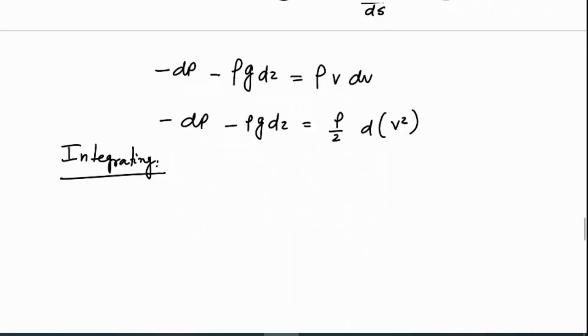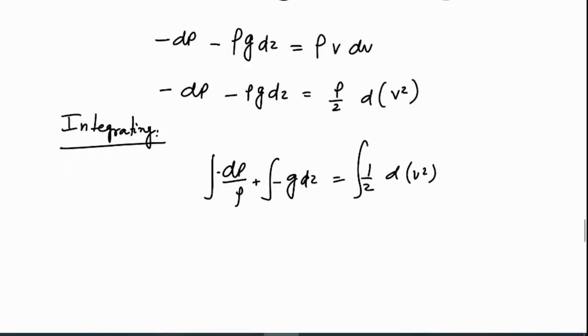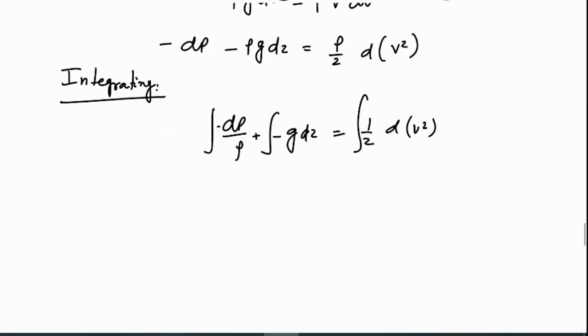Good. So if you divide by rho and then integrate, you have dp by rho plus g dz plus half times d of v square. And if you integrate this on both sides, I'm assuming an incompressible fluid, so rho is constant.